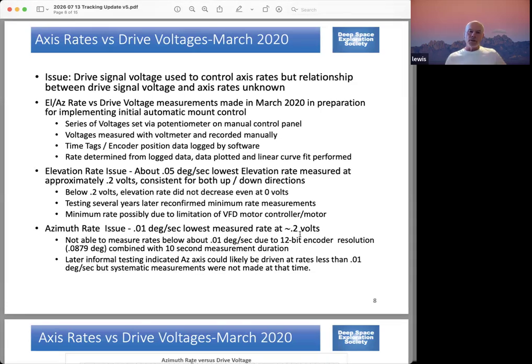But due to the 10-second duration of the measurements and the 12-bit encoder, we wouldn't catch encoder bit changes in that short of a duration for that resolution. So we really didn't know what happened below that.